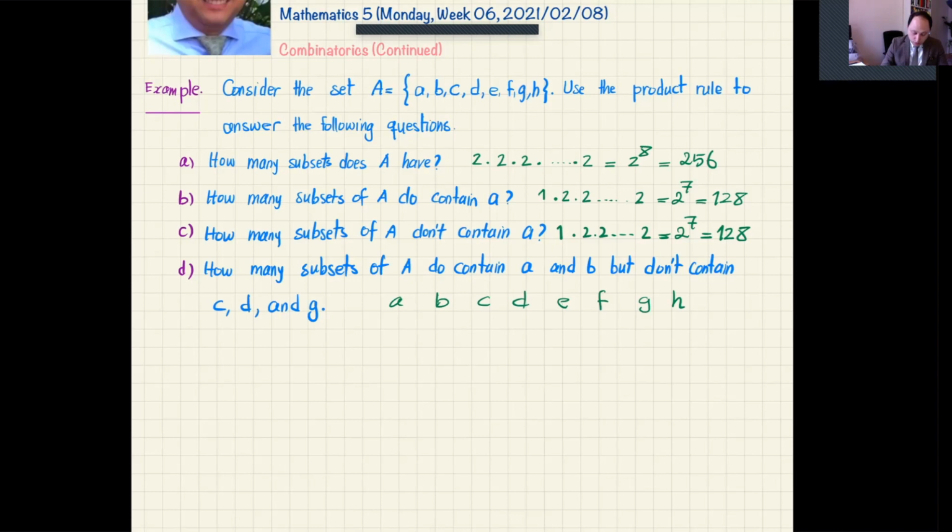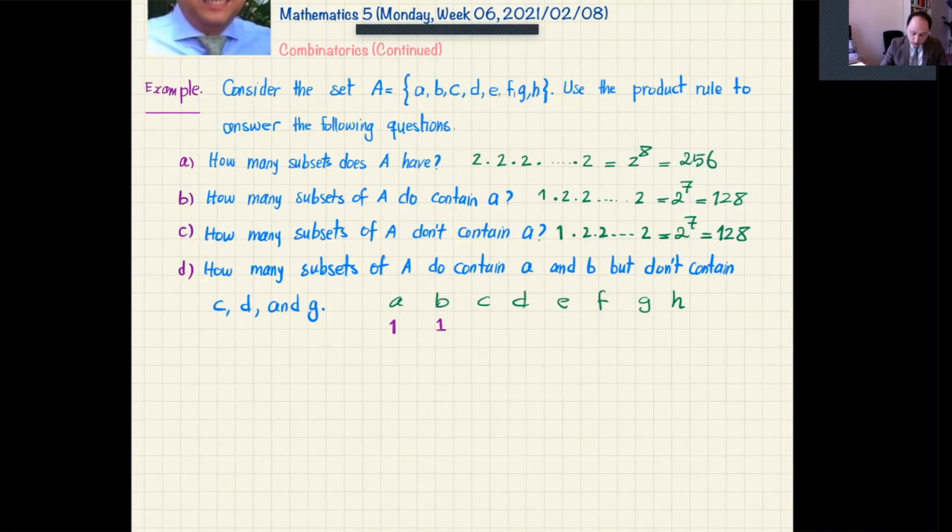Just 1, yes. So it means that there is only 1 option available for A, because according to what is written in the problem, A has to be in my subset. So there are no 2 options available here. There is only 1 option available for A, and that means putting A in my subset. The same thing for B, I have to put B there, so there is only one option.